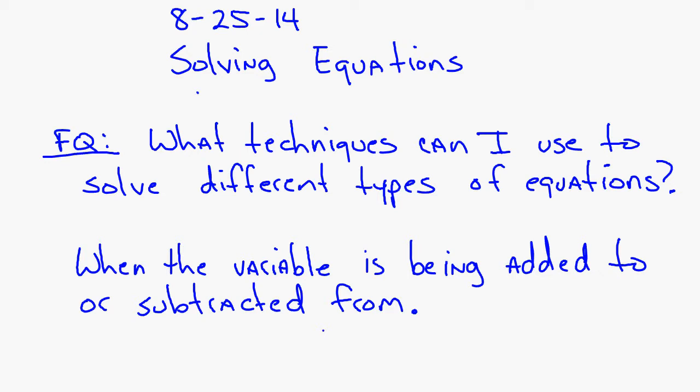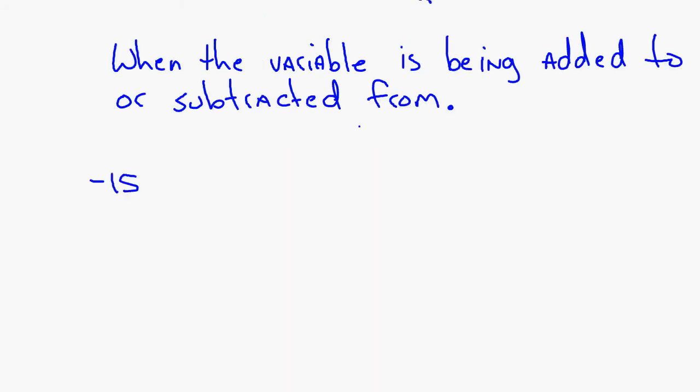So when the variable is being added to, let's say we've got negative 15 plus x is equal to negative 25. If the variable is being added to, then you need to subtract from each side, or in this case, do the opposite to each side. If this is a negative 15, you're going to add 15 to each side.